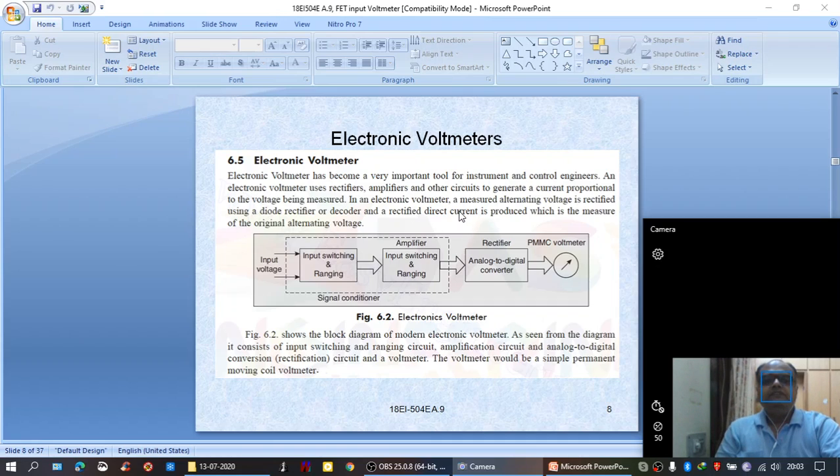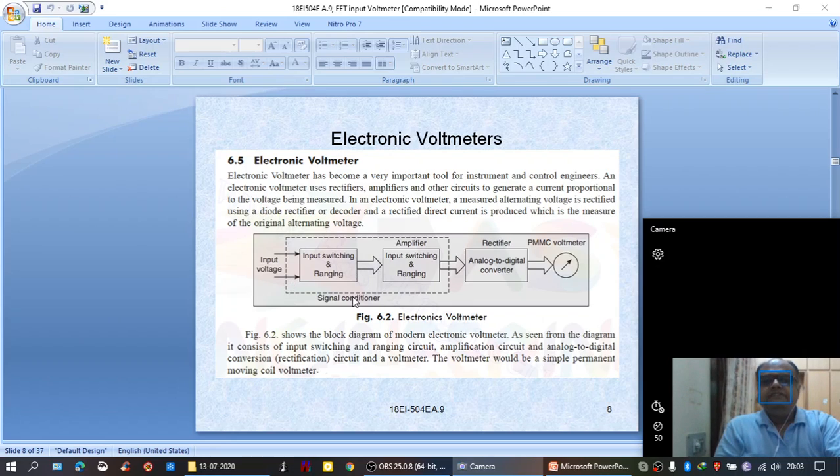In an electronic voltmeter, a measured alternating voltage is rectified using a diode rectifier or detector, and a rectified direct current is produced, which is a measure of the original alternating voltage.